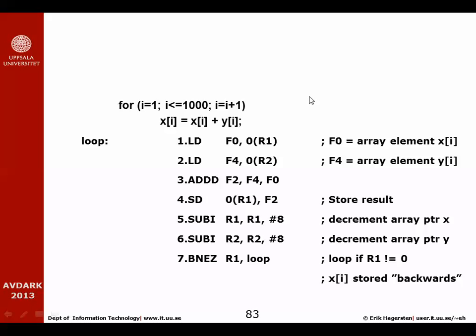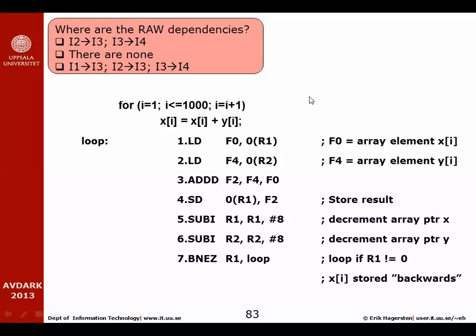So the first question I'm going to ask is, where are the read after write dependencies? Between which instructions in this code would you see read after write dependencies? So this is where they are.